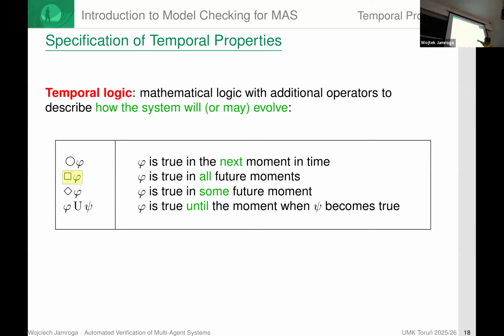Phi is true until the moment when psi becomes true. It's mostly interesting from the theoretical point of view, because basically you can use this to express all the others. So when you define the syntax and the semantics in a very formal way, then it's enough to define it for until and use derivation rules for all the others.